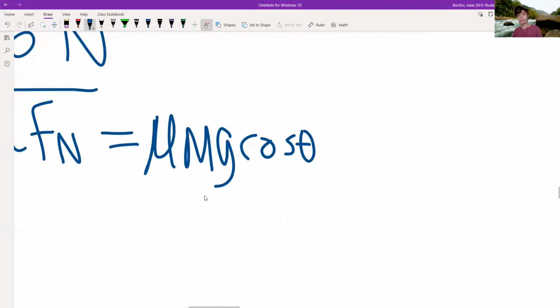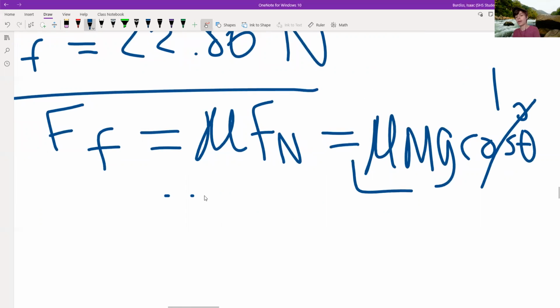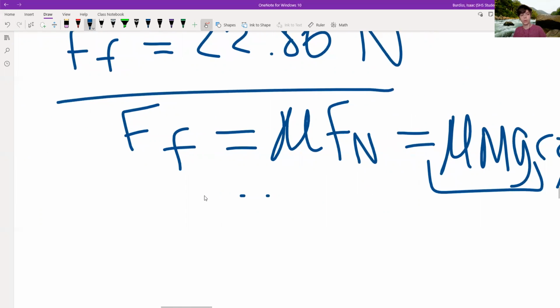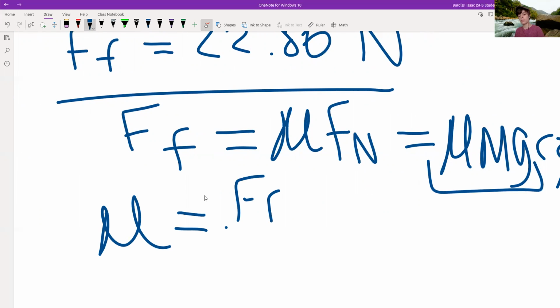Well, there's no angle once it's at the bottom, so that is 0, and cosine of 0 is 1. So goodbye. Now we just have this. Rearranging what we just found, that friction force is mu mg, mu equals friction force divided by mg.